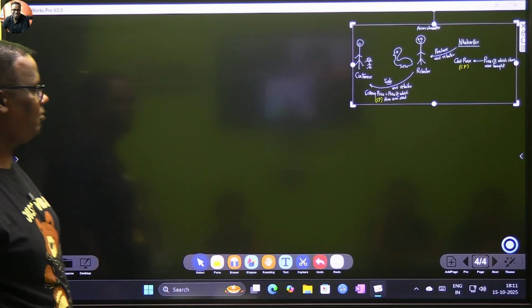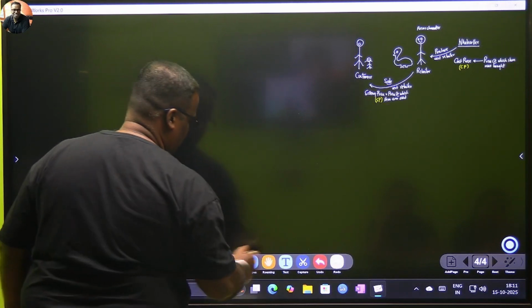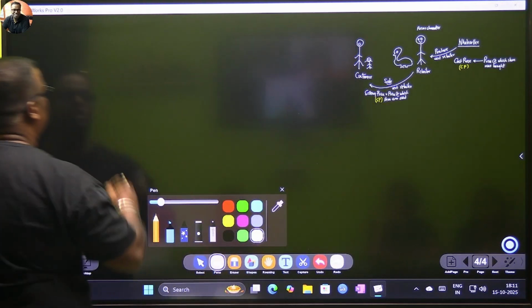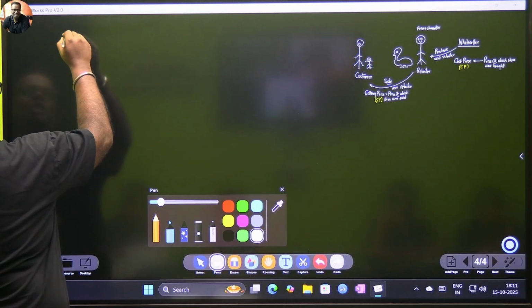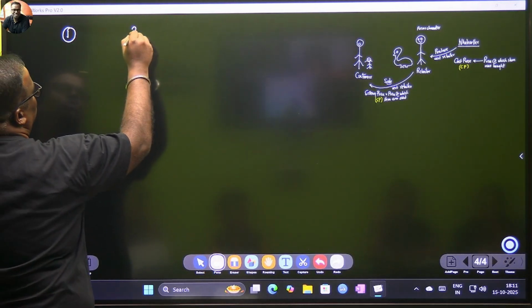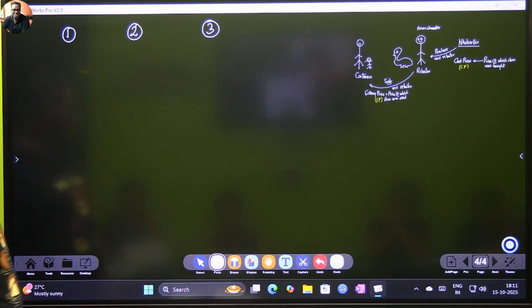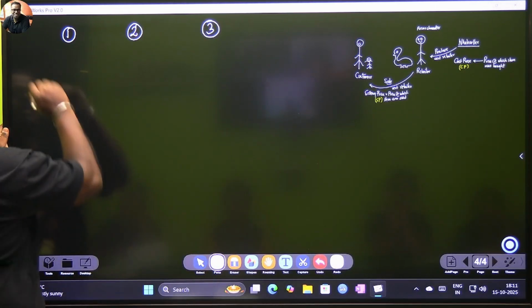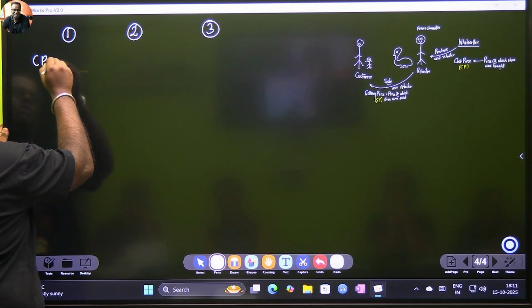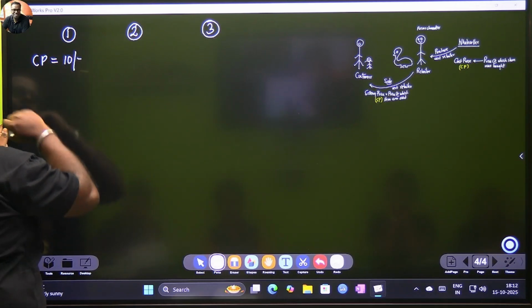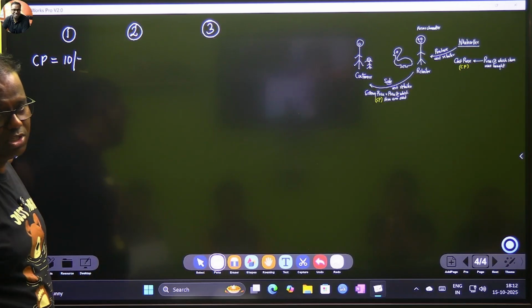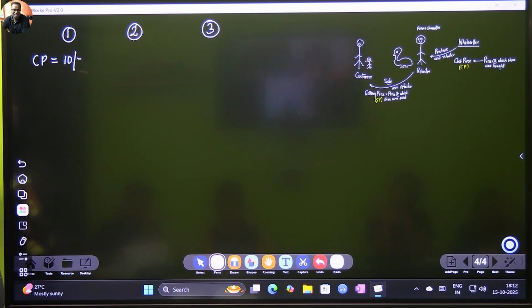Fine. Now let's put some numbers to our story. There can usually be three types of scenarios in a business transaction involving CP and SP. The first: let me say my cost price was ₹10, and obviously I'm doing business and it's not charity. When you do business, you always do it to earn something.